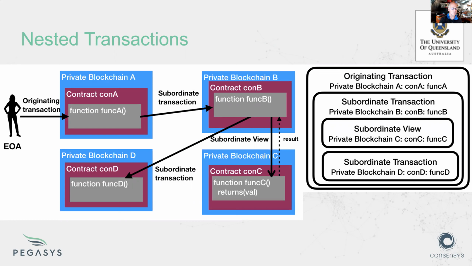And the subordinate view is returning a result. And you can see on the right-hand side of this slide how you have this nested structure where this view and the transaction are signed transactions contained within the subordinate transaction, which is contained within the originating transaction.